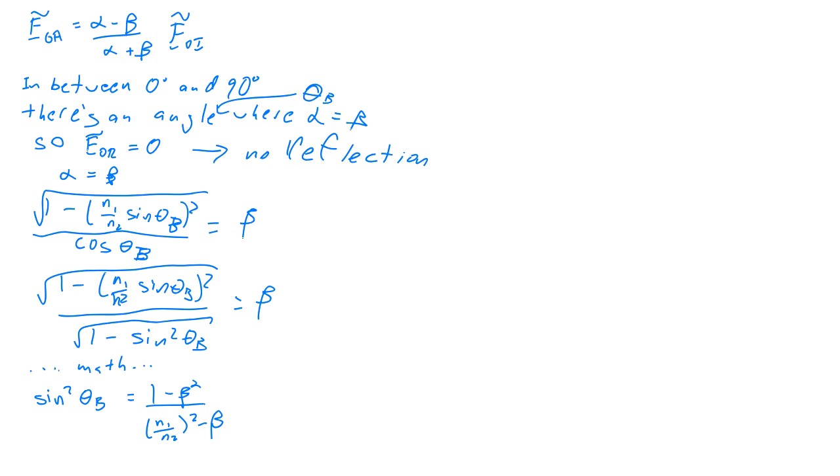Again, not obvious, but just trust me for now that you can get there. Let's actually remember beta can be written in terms of my mu's and my index of refraction n. So let's simplify that.